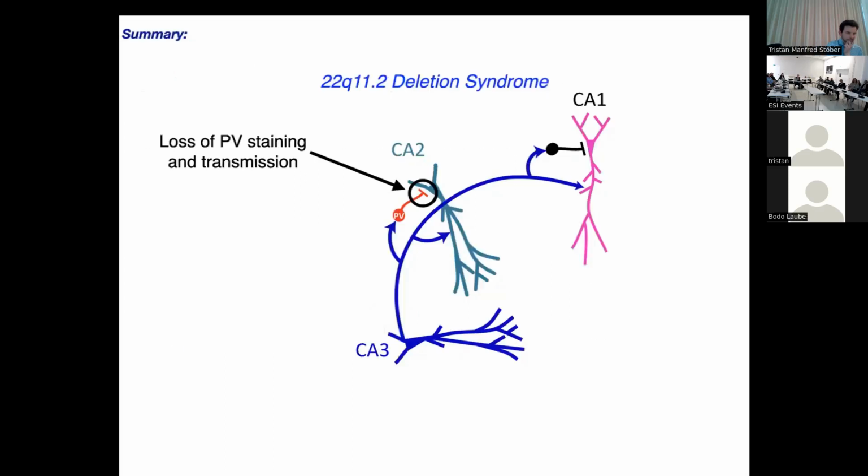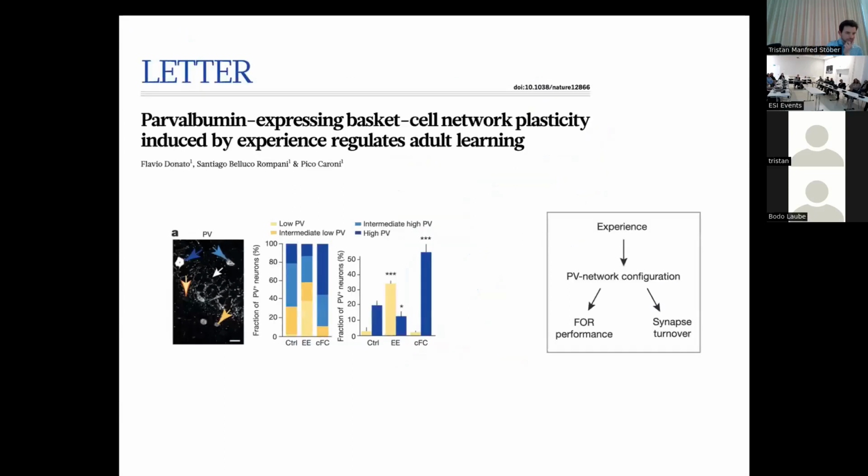And around this time, this paper was great by Pico Caroni, where his lab showed that parvalbumin expressing network activity can really be influenced readily by their environment, by experience. He took animals and did immunohistochemistry staining, looking at the parvalbumin concentration in control mice and environmentally enriched mice, or contextual fear conditioned mice.